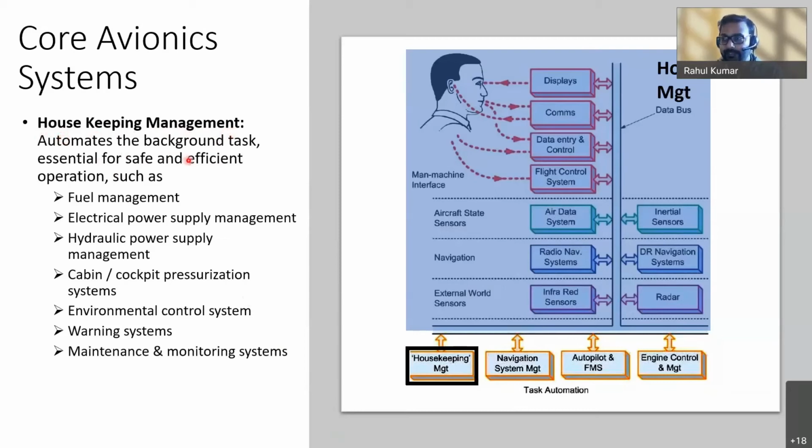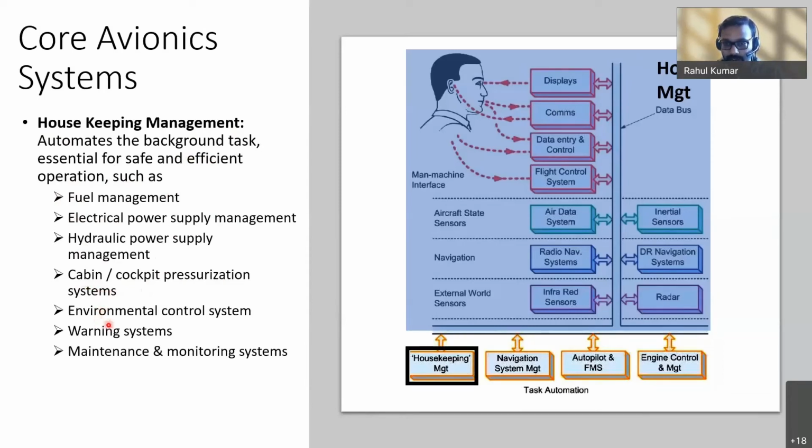They basically automate the background tasks which are essential for safe and efficient operation of the aircraft. For example, you have the fuel management system, electrical power management system, hydraulic power systems, and cabin or cockpit pressure system, which controls the pressurization of the cockpit.